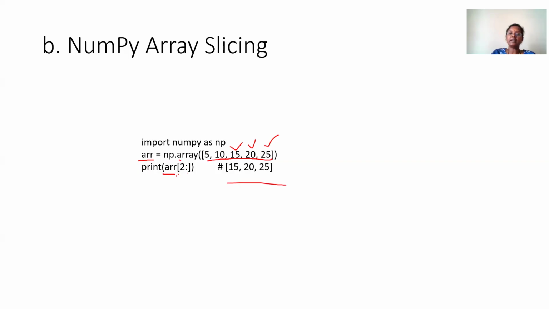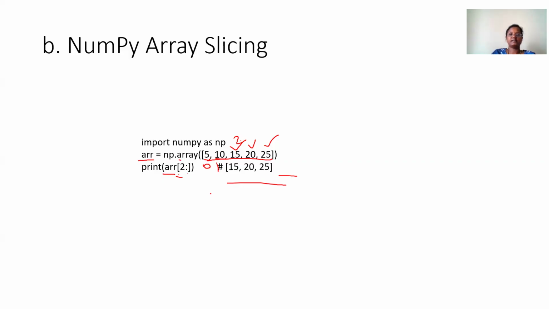So it will start from 2 until the end. If it starts from 2, where do we start? Because this one is 0, this one is 1, this one is 2. So from the second position to the end of the data will be displayed, and the whole array will be taken for further analysis.